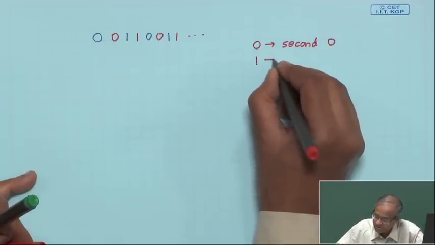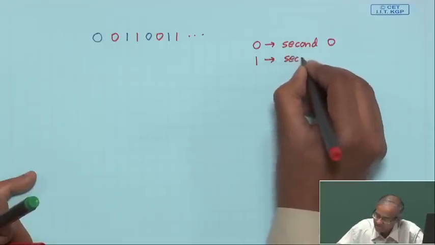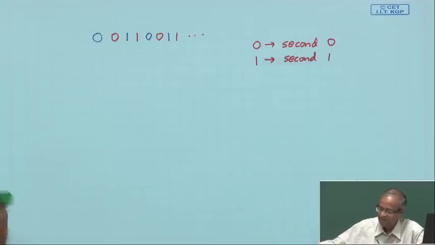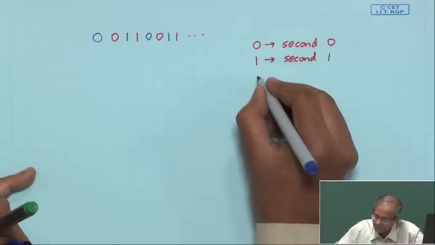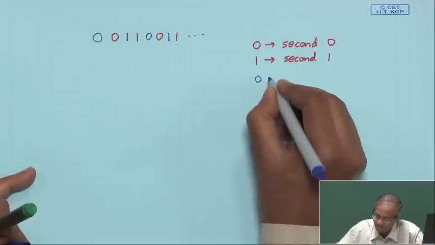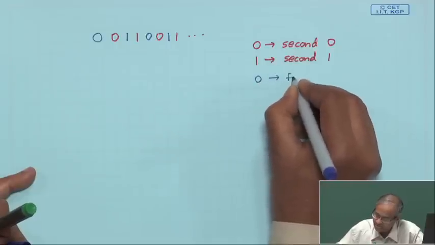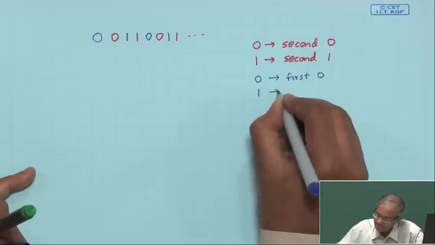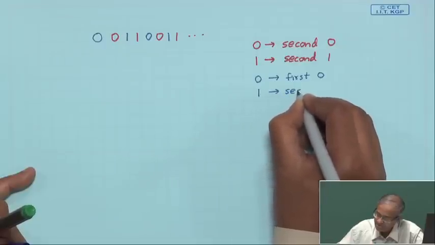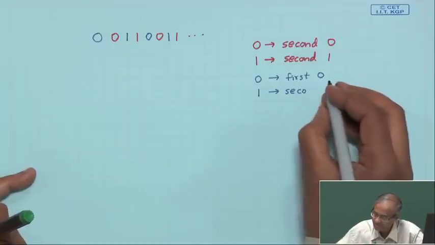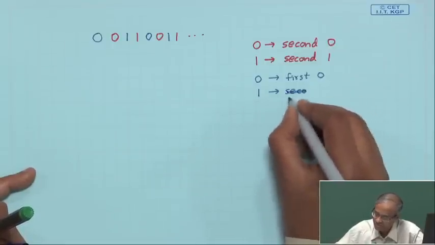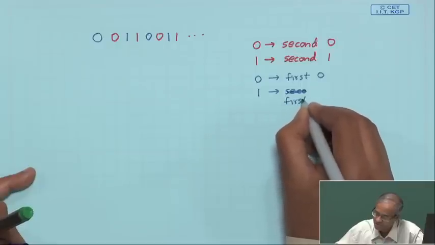The red 1 means this is the second 1. Similarly, blue 0 means this is the first 0 and blue 1 means this is the first 1.